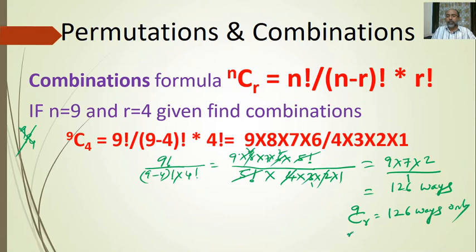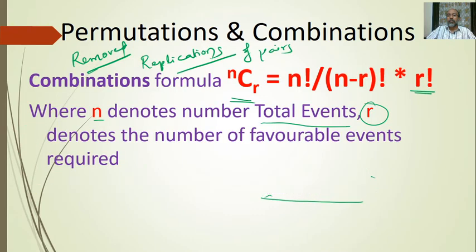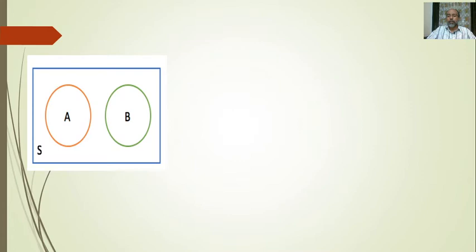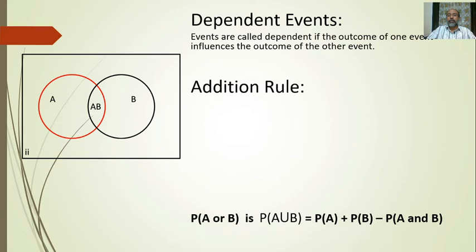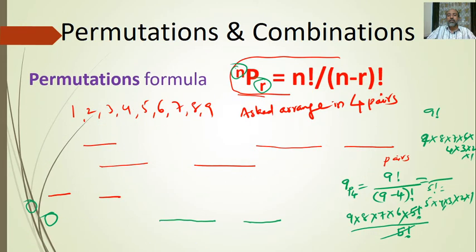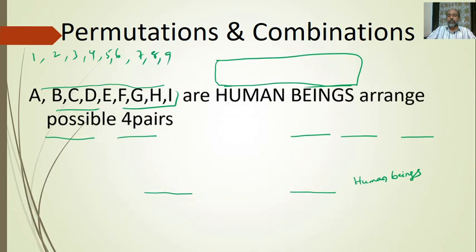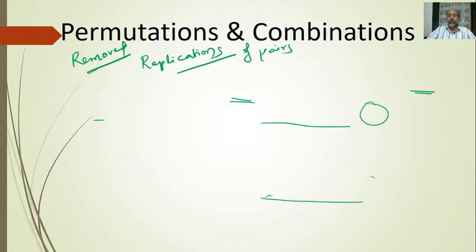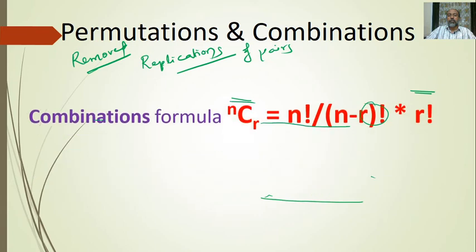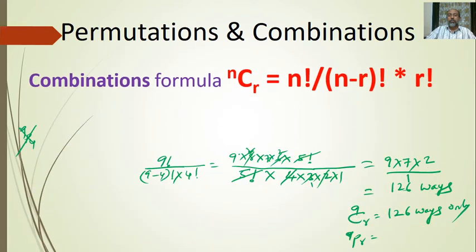Whereas for 9P4 we got 3024. We have seen 3024 in the case of permutations, whereas in the case of combinations, since they are human beings, if you ask them to sit left to right or right to left, there is no difference.